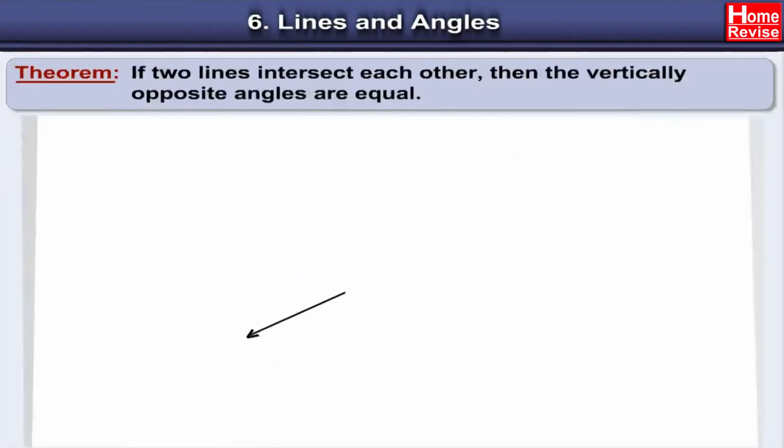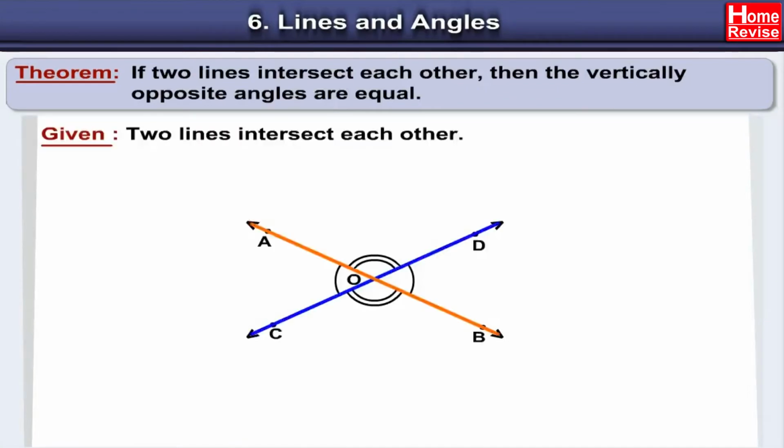Theorem: if two lines intersect each other, then the vertically opposite angles are equal. Given: two lines intersect each other.